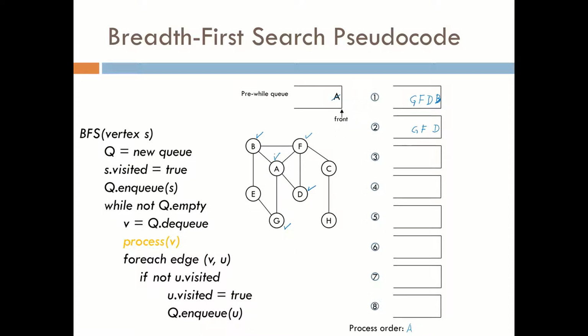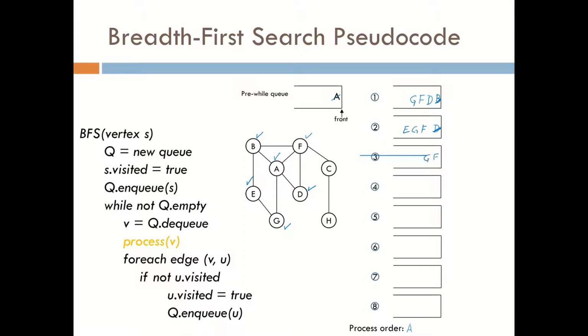It's connected to A, but A has also been visited, but it's also connected to E, and E has not been visited. So we will mark E as visited and we will NQ E. Okay, and then this iteration of the loop is over and we will DQ D.